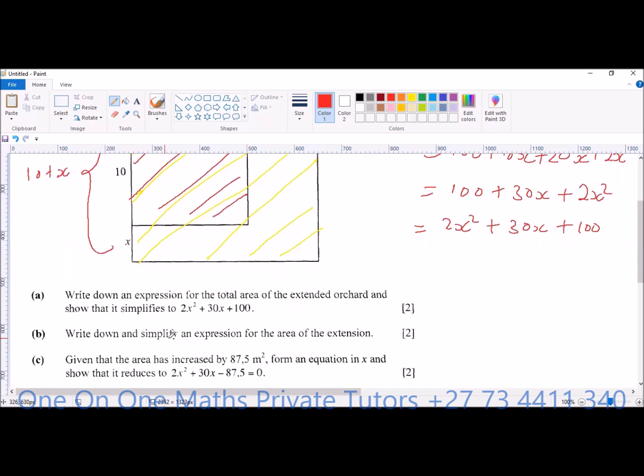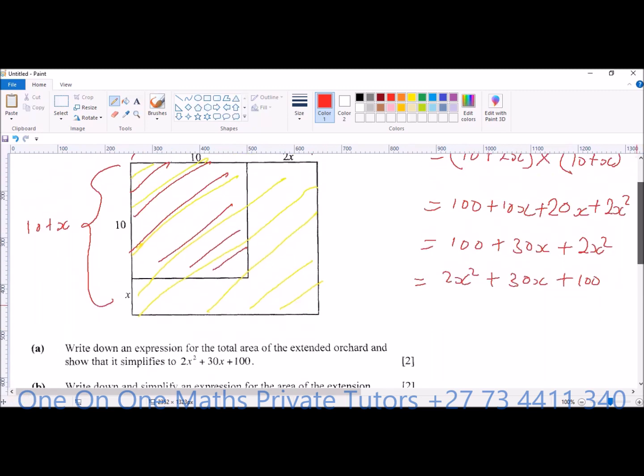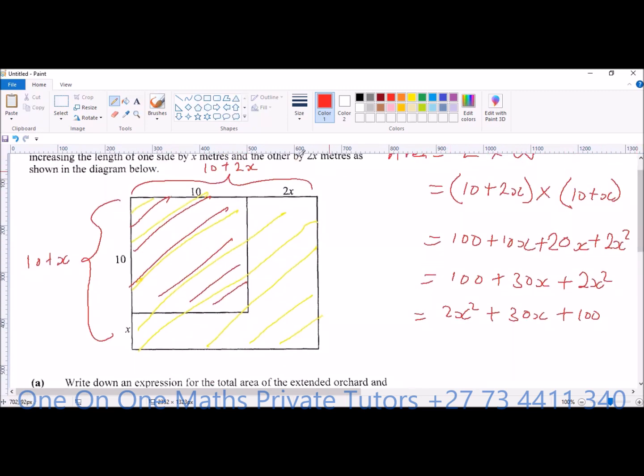Write down and simplify an expression for the area of the extension. So we only want the extension. Which one is the extension? Let's use a blue color here to show the extension, because this one is the original and this one is the extension. Okay.